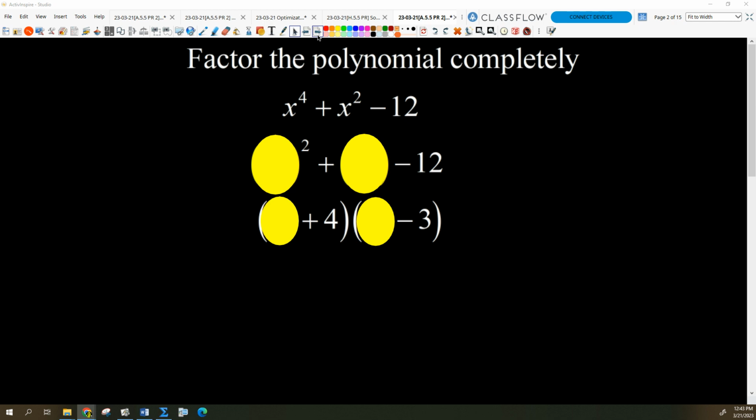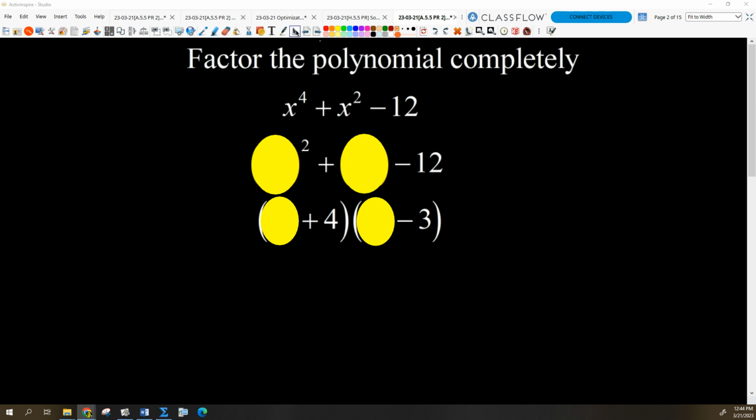Okay, my job is to see if I can make that look like it's quadratic. So it's a unit 4 problem. Could I write that as something squared plus something minus 12? That looks like a unit 4 problem. Could I? What would those somethings be? X squared, yeah, right?